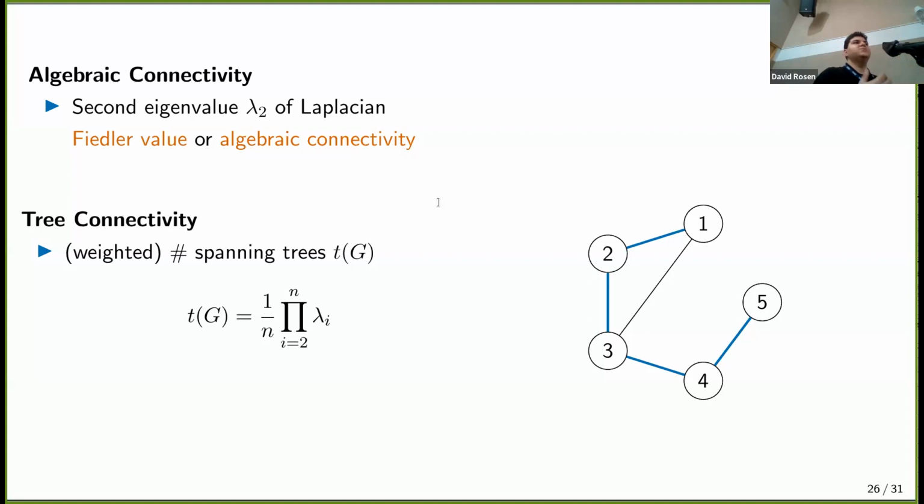So it is related to notions of communities in a graph. You can look at lambda 2 of different matrices. You can look at the lambda 2 of the Laplacian or lambda 2 of the normalized Laplacian that I haven't defined yet. So the way lambda 2 measures connectivity is by looking at these well-connected parts of the graph that are sparsely connected to the rest of the graph, right?